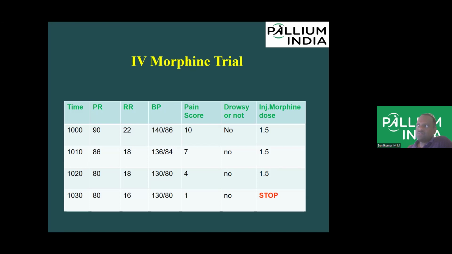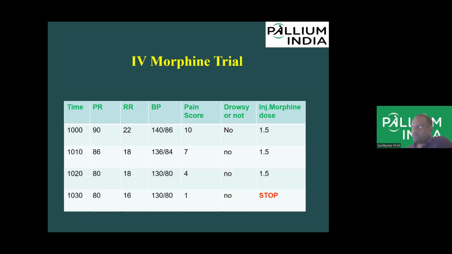This patient wants to go home now. What would you do now? So prescribe immediate release morphine, calculate the total dose for the day, and then shift to sustained release morphine. Okay, thank you.